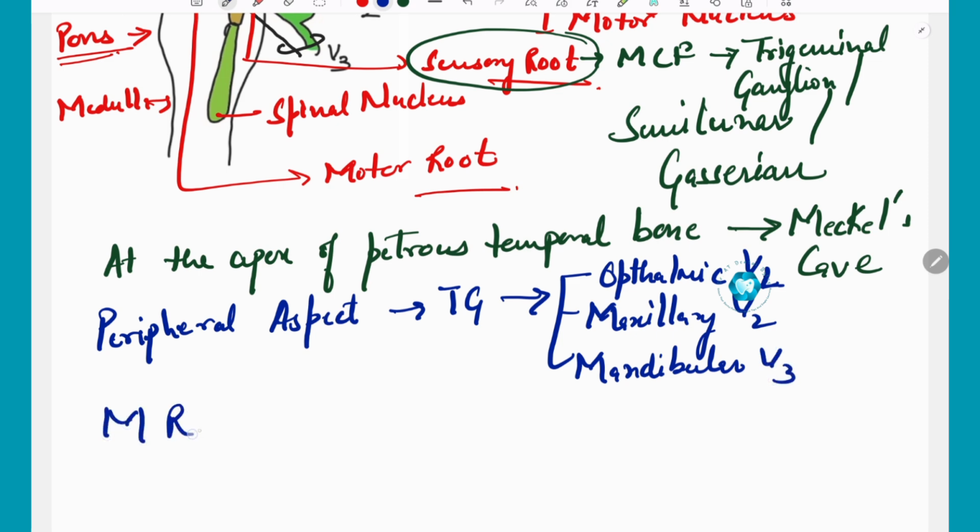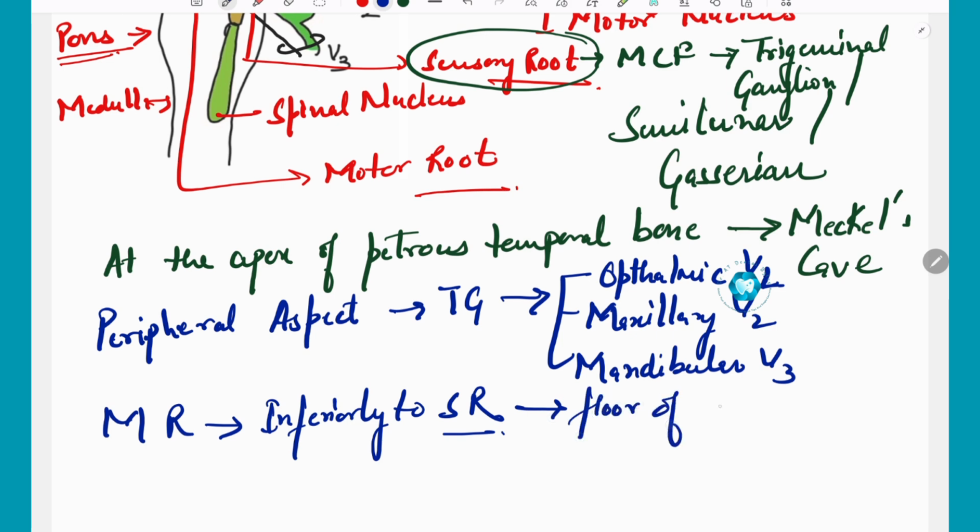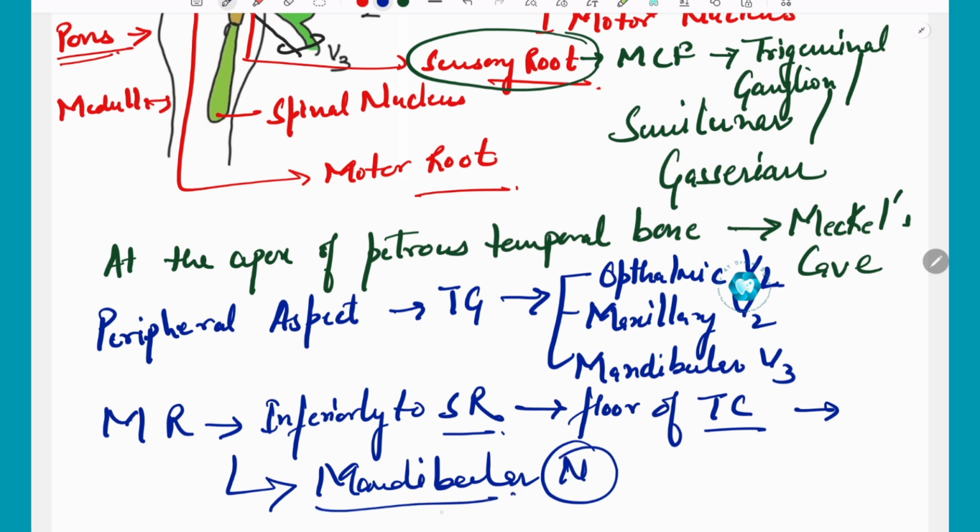Motor root passes inferiorly to sensory root along the floor of the trigeminal cave, and it distributes only to the mandibular nerve. That is why the mandibular nerve is a mixed nerve.